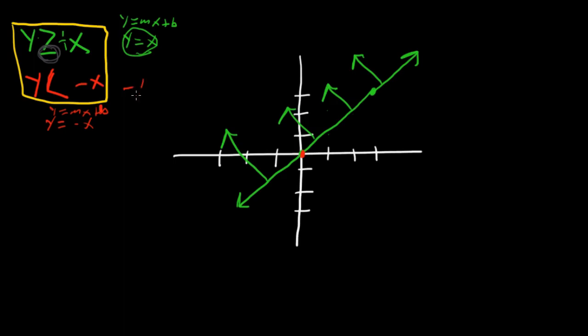So that's like negative 1 over 1, or that's 1 over negative 1, either way. So if we look at it this way, it's up 1 and left 1. So I'm going to do that, up 1 and left 1, up 1 and left 1, get a couple points with a little distance.